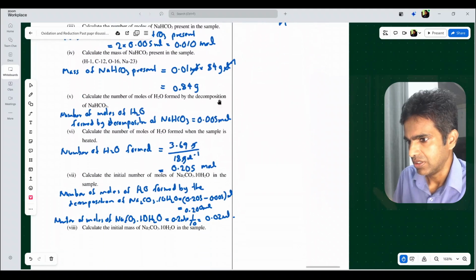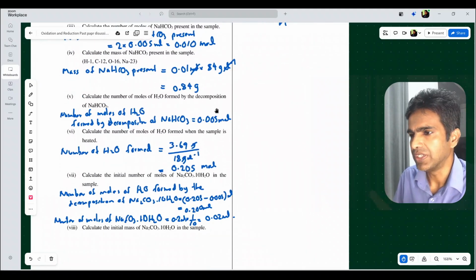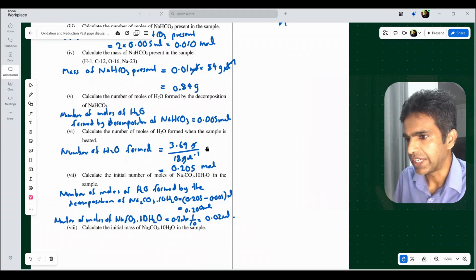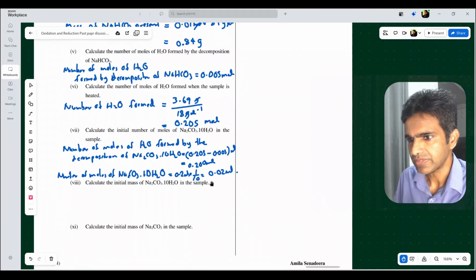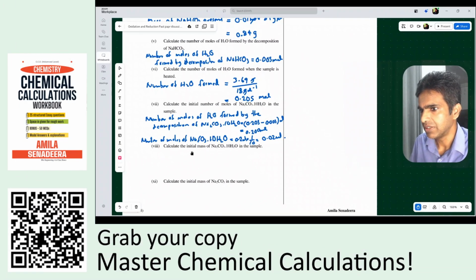Therefore, we know the total number of water vapor formed and we know the amount formed during the thermal decomposition of sodium bicarbonate. Therefore, we can calculate the number of moles of water vapor formed by the decomposition of hydrate of sodium carbonate. Then calculate the initial mass of hydrate of sodium carbonate.